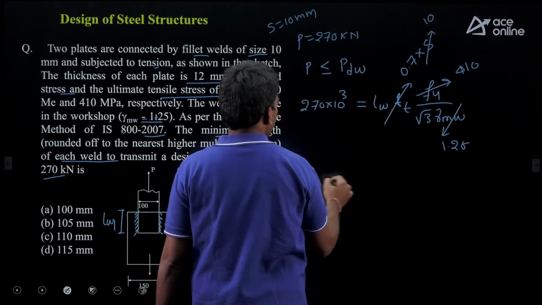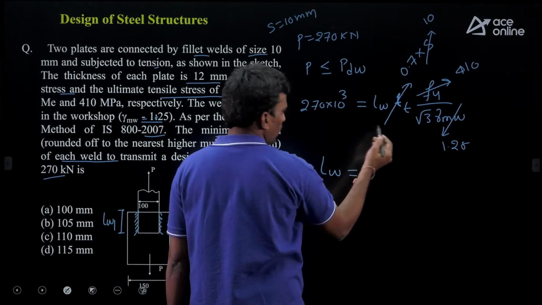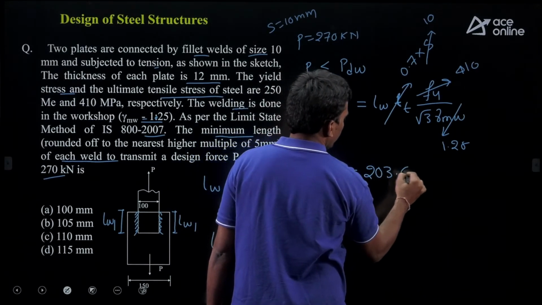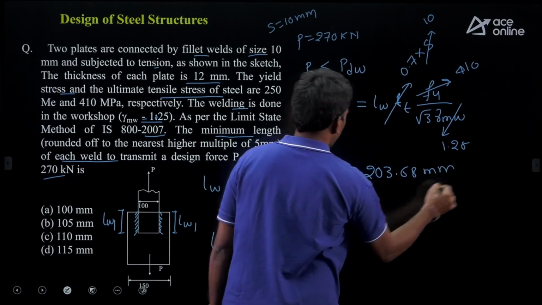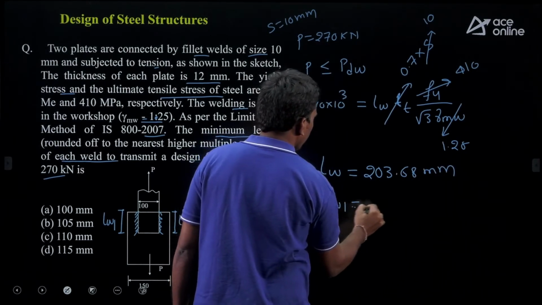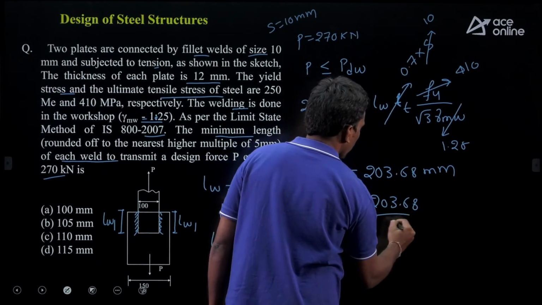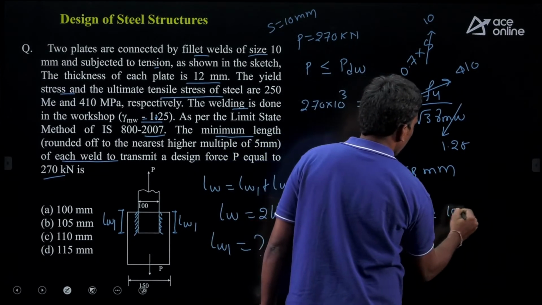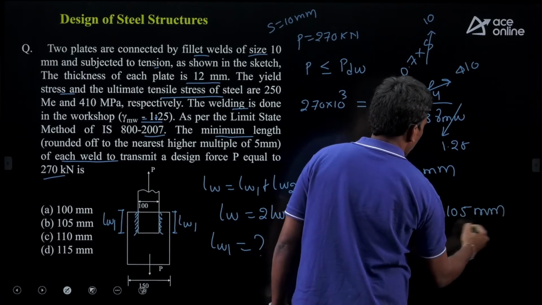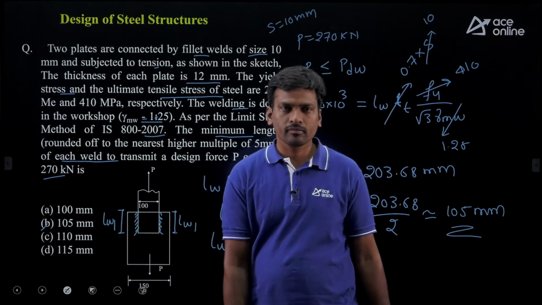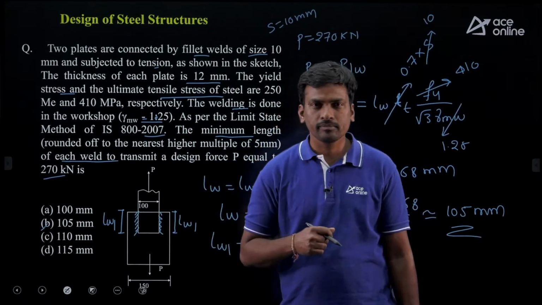From this equation you will get the effective length, some 203.68 mm. But we need length on each side, so 203.68 by 2, approximately 105 mm. Then option B is correct. Okay, that's it.